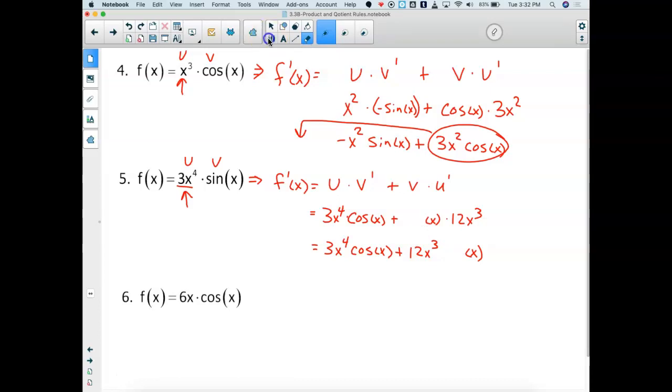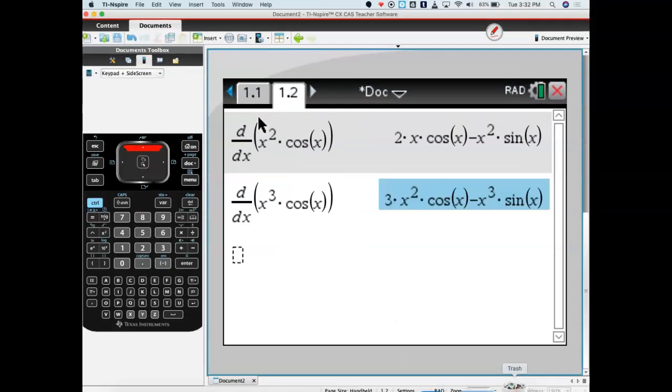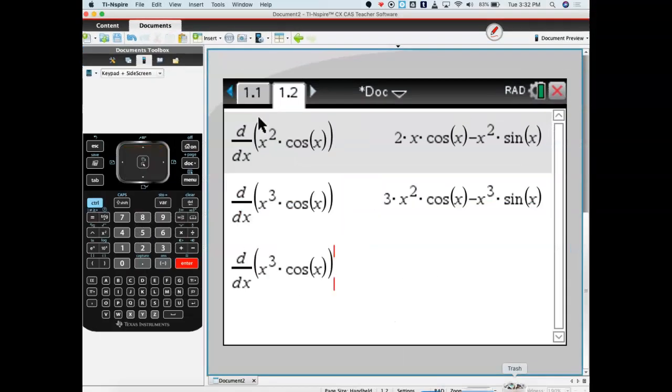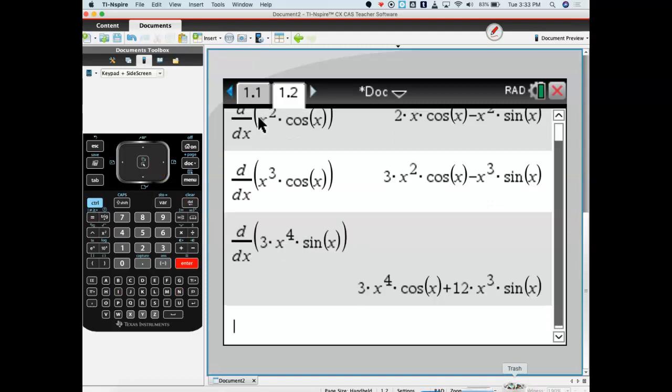Because my v is sine, sine. I'm going to pull up the template. Over here, we've got 3x to the fourth, and that's a sine x.